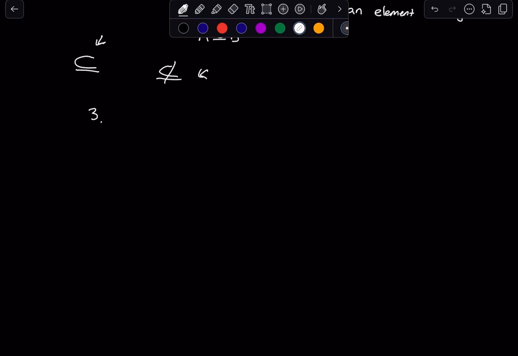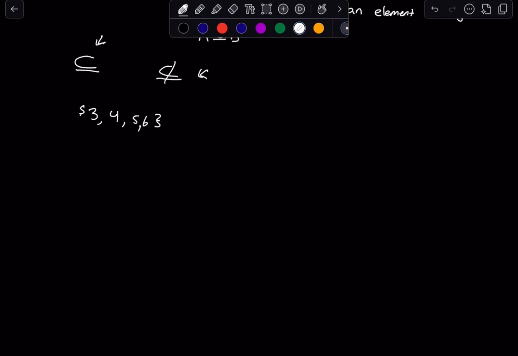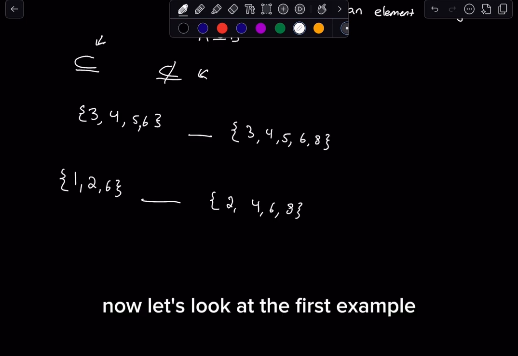So let me write down a couple of sets. Now, let's look at the first example.